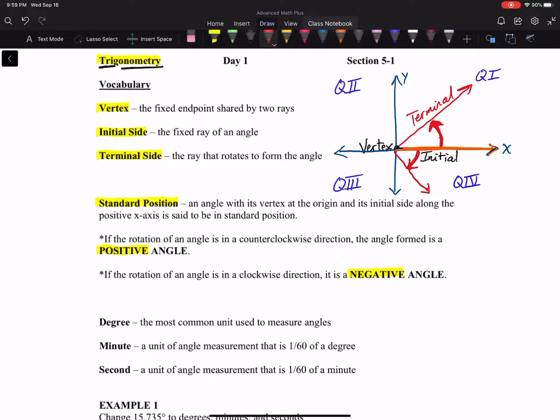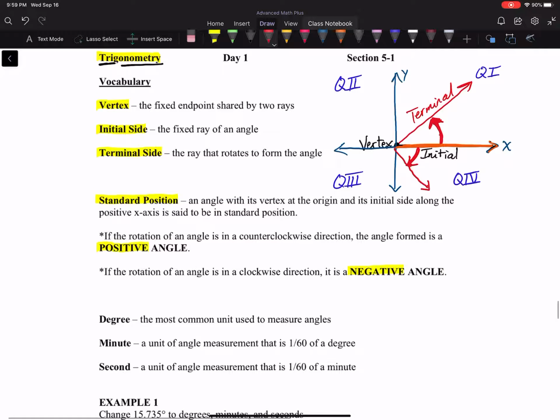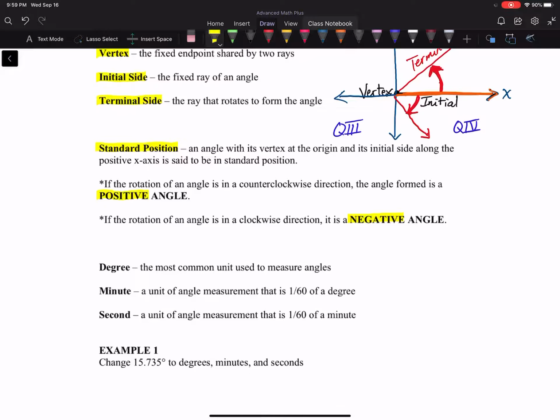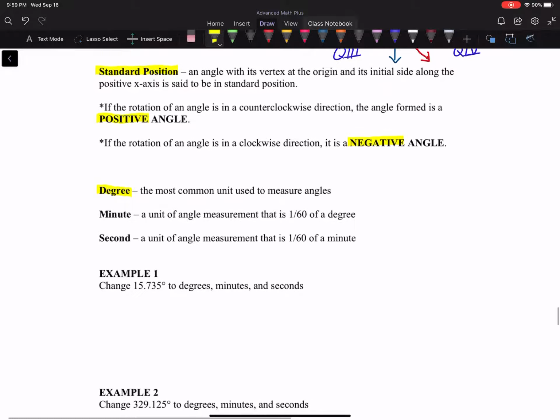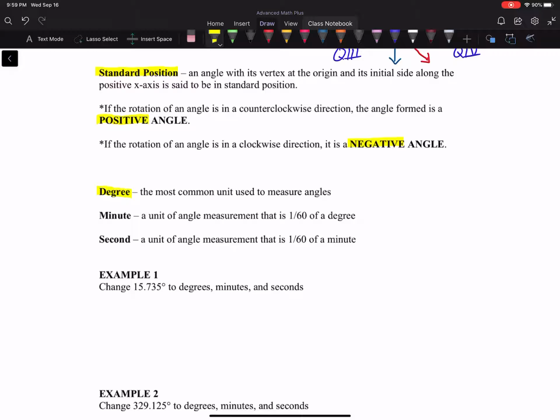The next thing we're going to talk about is what angles are measured in. They are measured in degrees and radians, but for this section, we're just going to worry about degrees. And a degree can be broken down further. It's kind of like a yard can be broken down into feet, and a foot can be broken down into an inch.